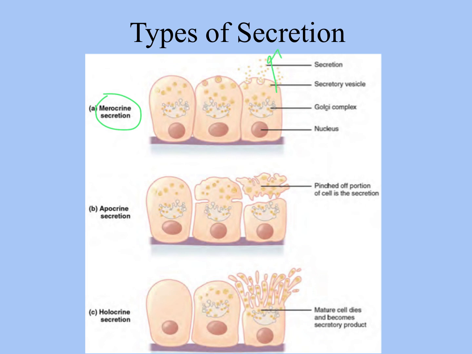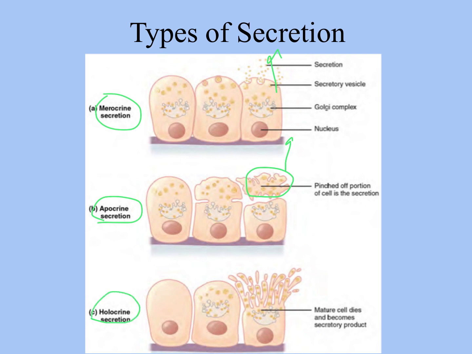And remember from a previous lecture that fluid is water plus the stuff that's dissolved in it. So literally, exocytosis, it will be the secretions from the gland. The second is apocrine secretion, where a part of the cell will literally pinch off, and that will go out with the fluids that are in the secretion.